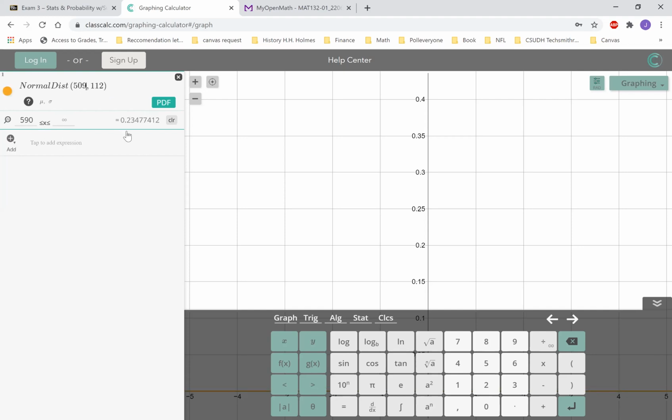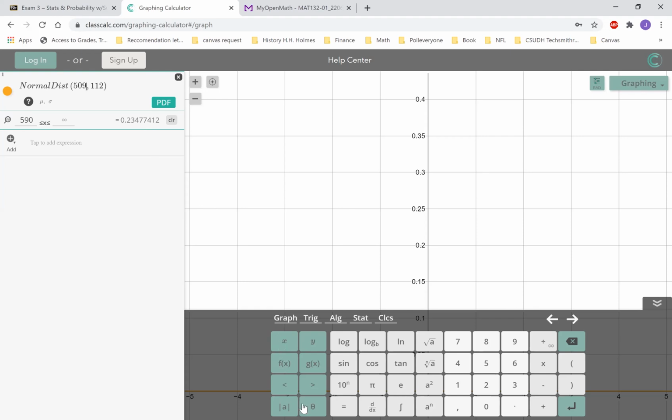See? So if you look at it, we get our final answer to be 0.2348. And that's it. So that's your final answer for A. So for A, it should be 0.2348.